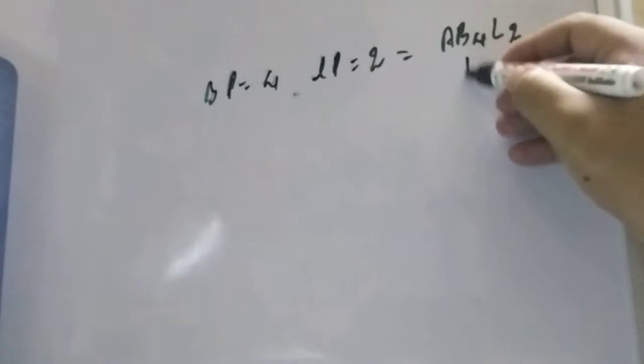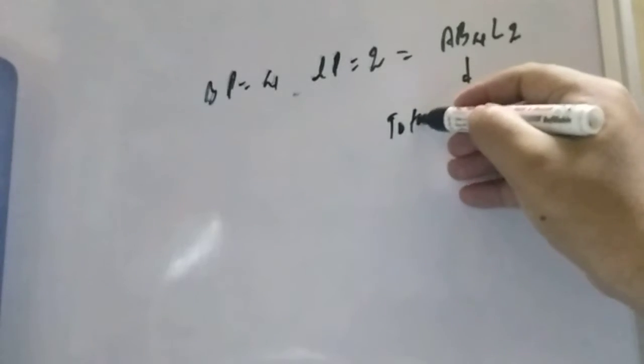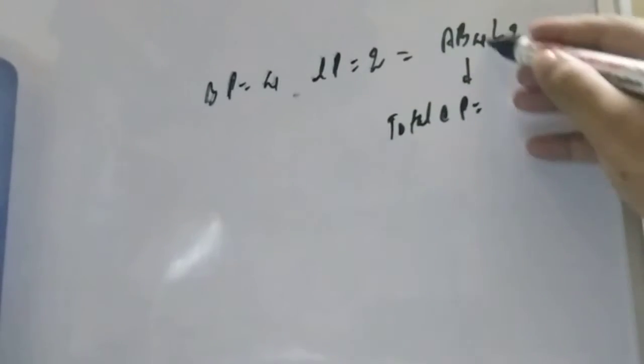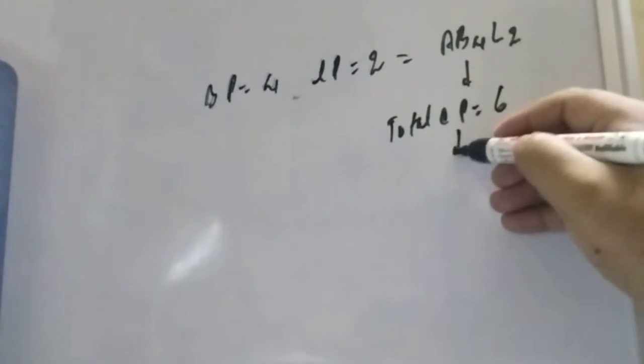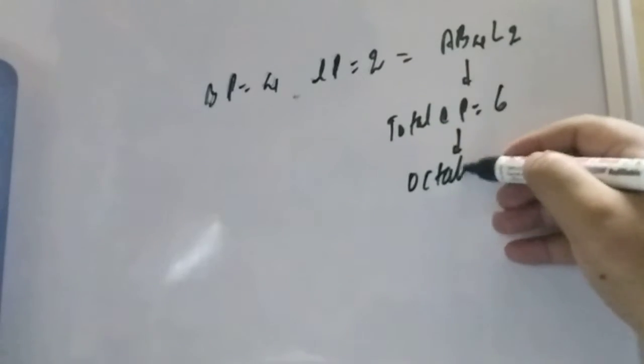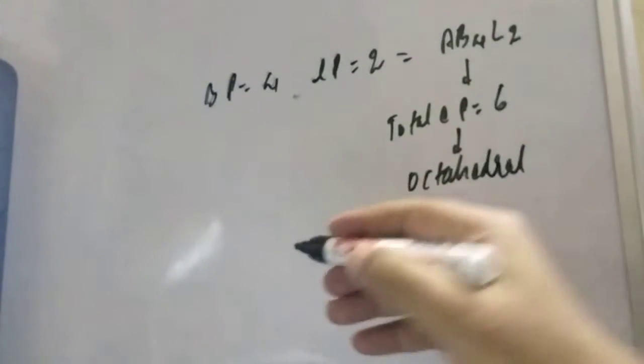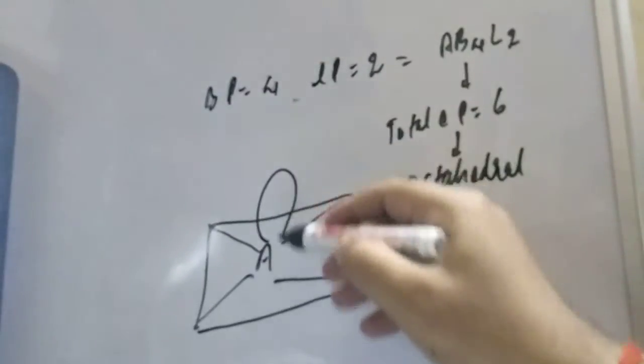So how much is the total electron pair, student? 4 plus 2 is 6. And 6 pairs means, student, distribution is octahedral. So how can we distribute that octahedral? Suppose we are having molecule A, student, with 4 bond pairs; we are putting them in the square plane. This is the 4 bond pairs. And then the 2 lone pairs will be far away from each other.